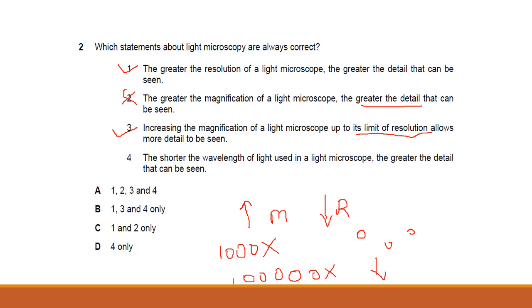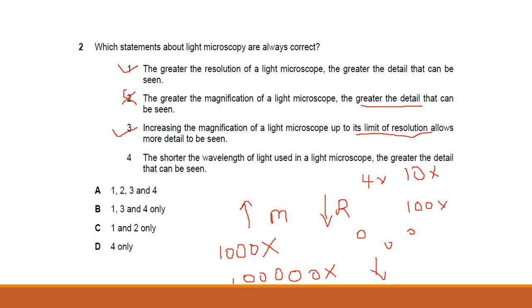So if you increase the magnification up to the point where the resolution is maximum, you will see more detail. But once you exceed that limit of resolution, then you start to see less detail. In the light microscopes that you have at school, there's a 4 times objective lens, a 10 times objective lens, and a 100 times objective lens.